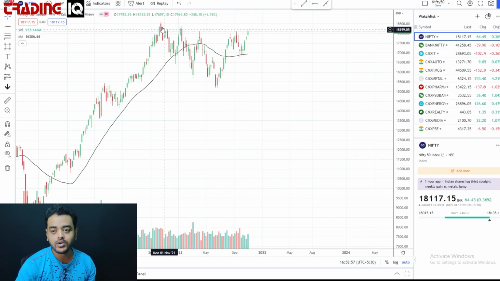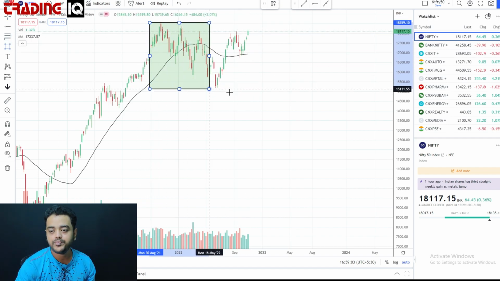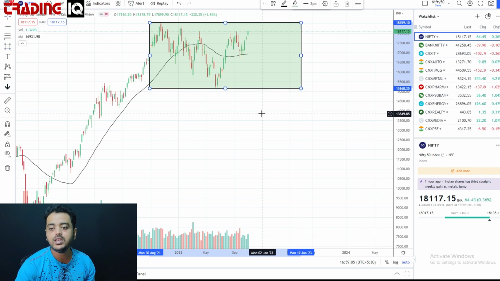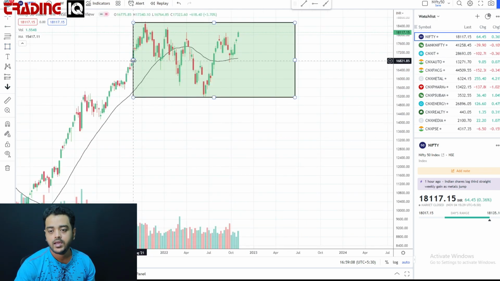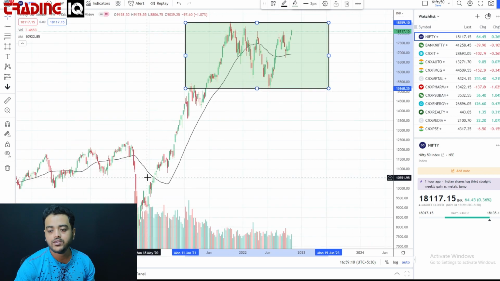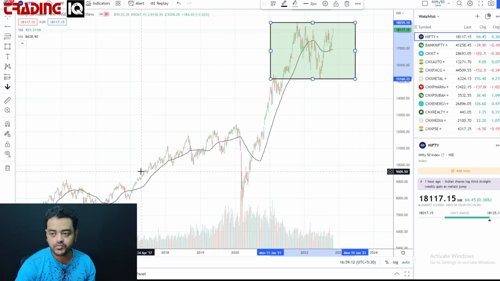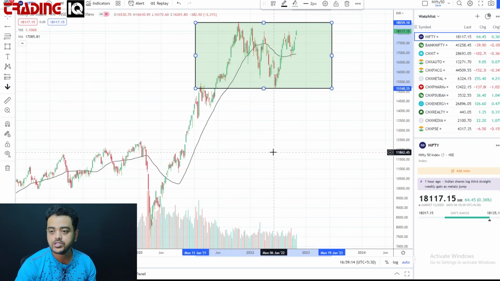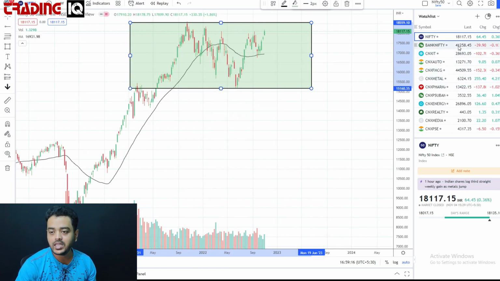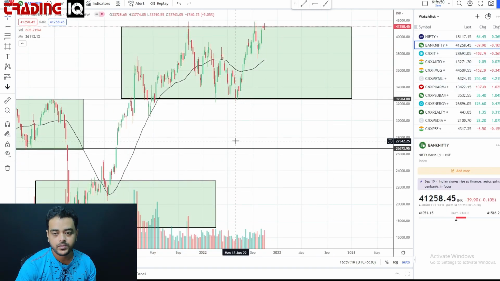So yes, you can watch that video, and now it is clearly in stage 3, because this is a clear stage 3 top, right? It is clearly evident. And to understand this journey, I have shared my perspective on that video. You can check it. So this is stage 3, and at the same time, Bank Nifty is also in stage 3.